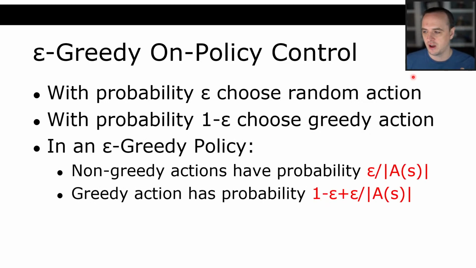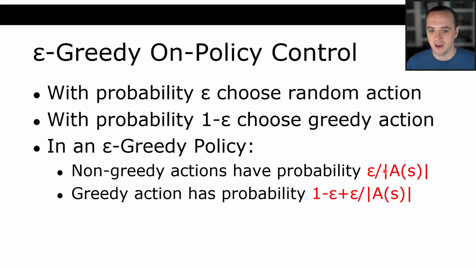So in an epsilon greedy soft policy, this means that non-greedy actions have probability epsilon divided by the number of actions. So this is the size of the set A of S, which is the number of actions. And I'll do an example of this in a couple of slides.